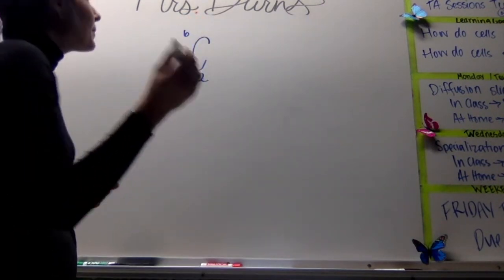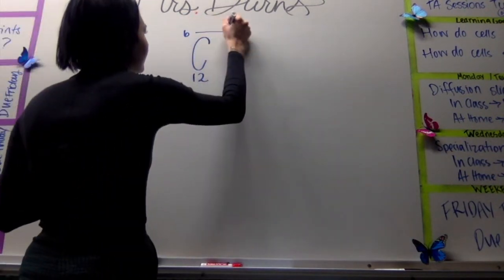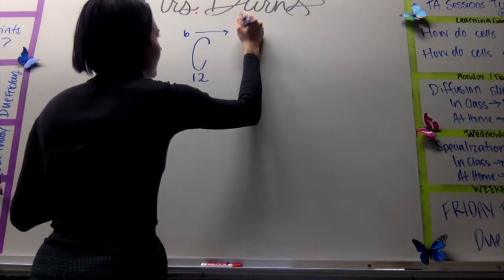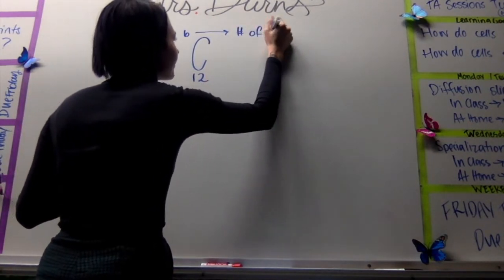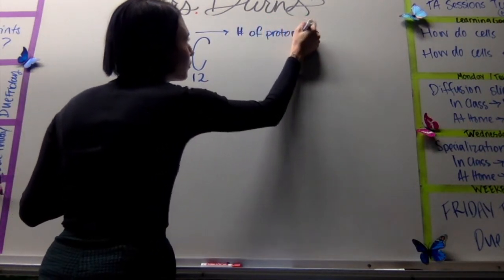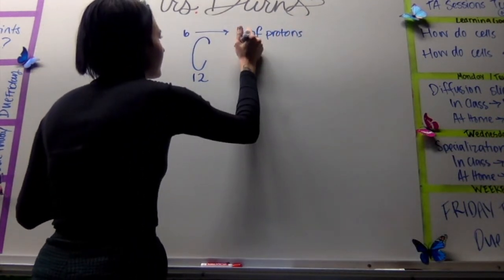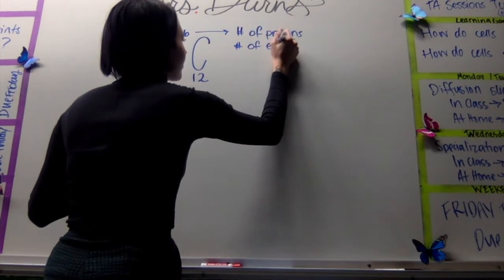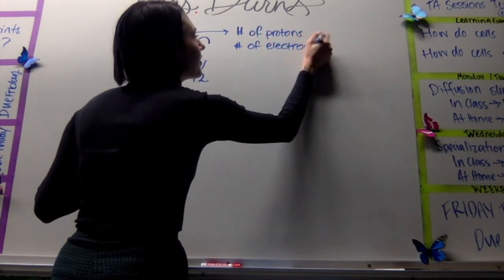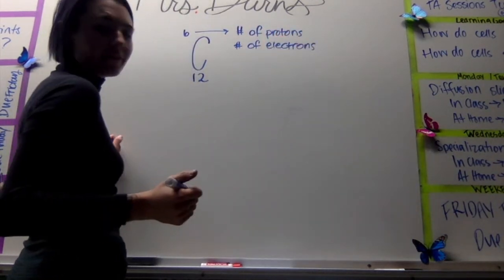So the atomic number tells us the number of protons. So that's one of the particles found in an atom. It also tells us the number of electrons, which is the second type of particle found in an atom.